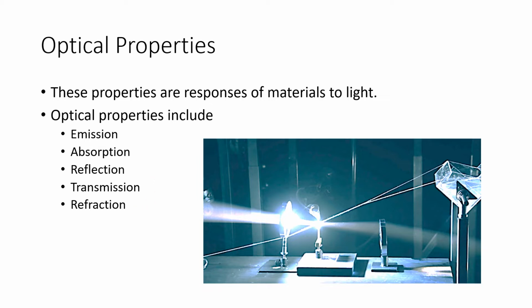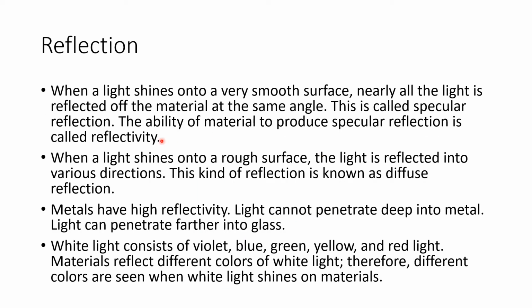So let's go in here. Reflect. We have a lot of light rays from the sun, and they all shine on everything in this world, on planet Earth. When light shines onto a very smooth surface, and our objects, and our skin, are surfaces as well, nearly all the light is reflected off the material at the same angle.